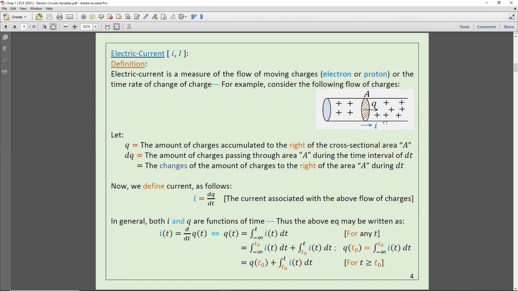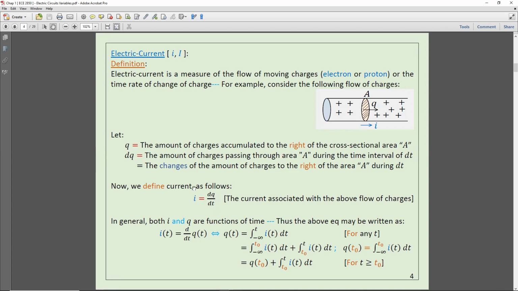All the amount of charges accumulated here to the right, that is Q. dq, you know from integration and differentiation, means the amount of change that happened in Q. So it is the amount of charge passing through A during the time dt. Q means the total amount of charge to the right here, and dq is during the time dt, because the current is the rate of change of Q.